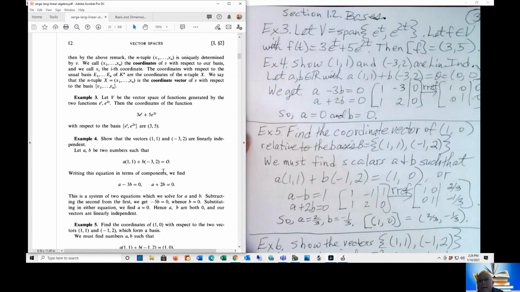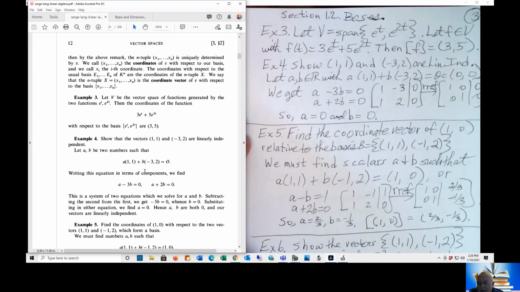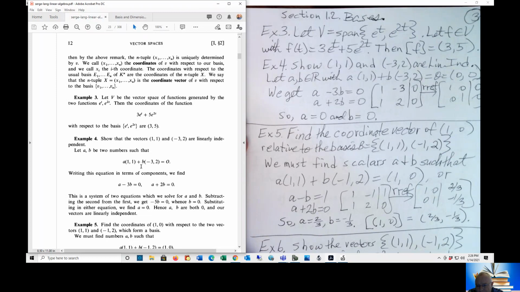Example 3. Let V be the subset of function space spanned or generated by those two vectors that we just talked about earlier, e to the t and e to the 2t.